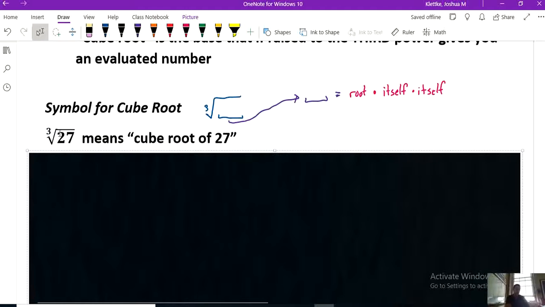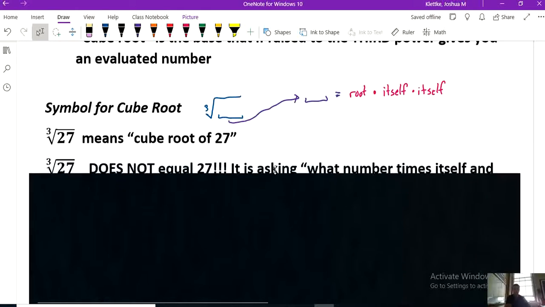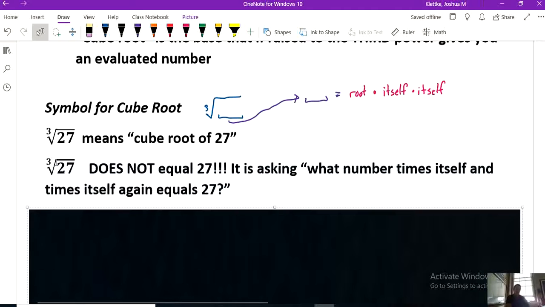So if we see something like this, where we have the radical symbol, we have the hook with a little 3 above it, that means cube root of 27, because 27 is the number underneath it. It's important to remember, even though it has the number 27 in it, cube root of 27 does not equal 27. It's asking what number, which would be the root, times itself and times itself again equals 27.